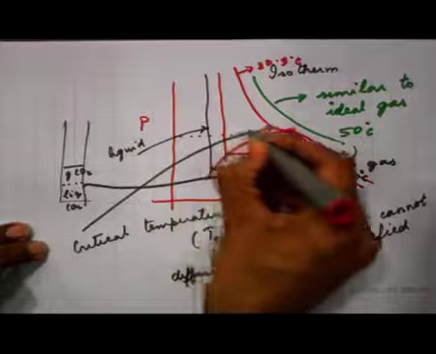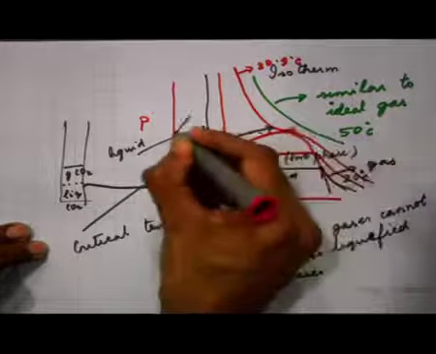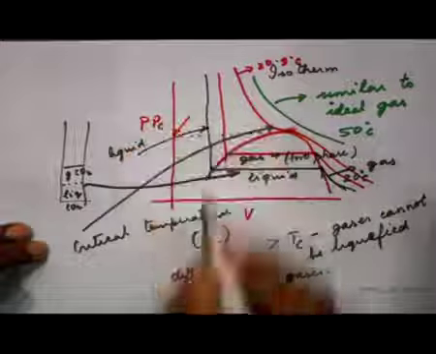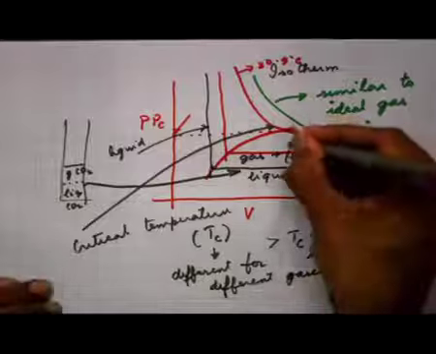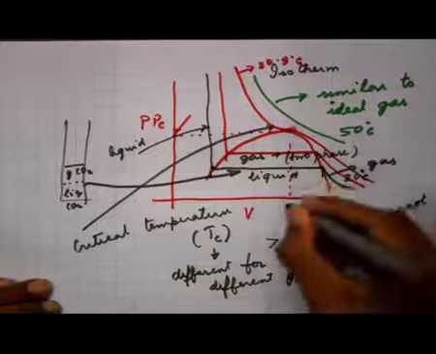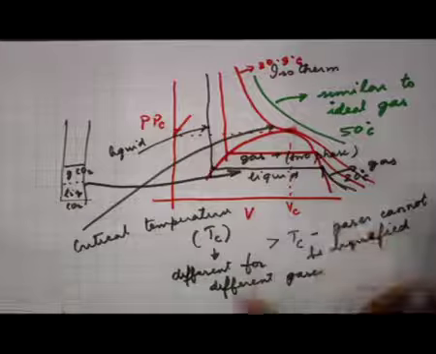So, this pressure here where this happens is called P sub C, which is the critical pressure, and this volume is called the critical volume. So, now what are we saying?